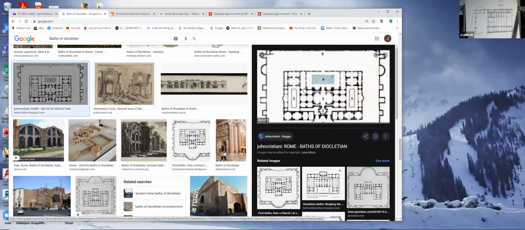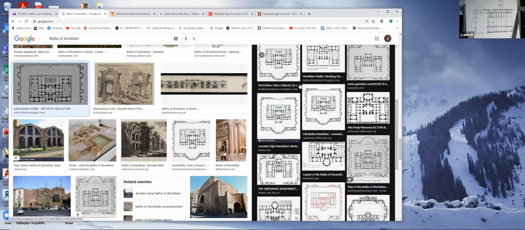Here's a plan of one of them. The size of the perimeter is probably 4 or 5 football fields large. These are enormous buildings.